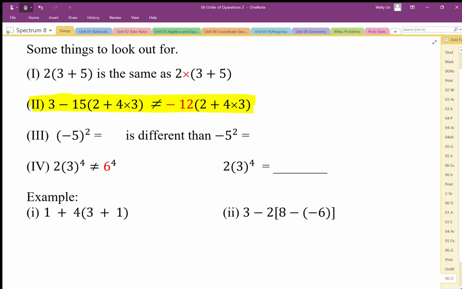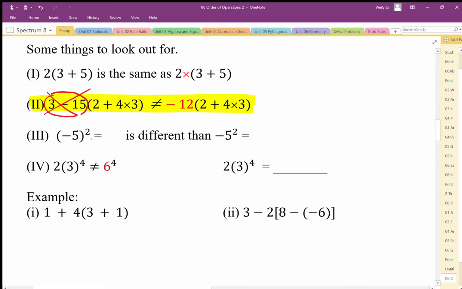BEDMAS tells us to do times before subtraction, but lots of people like to go left to right. Okay, and they say, oh, they go 3 minus 15 is negative 12. Okay, that is incorrect. You cannot do operations left to right. Okay, that never works. There's no rule that ever said left to right. It's order of operations, times before subtraction.